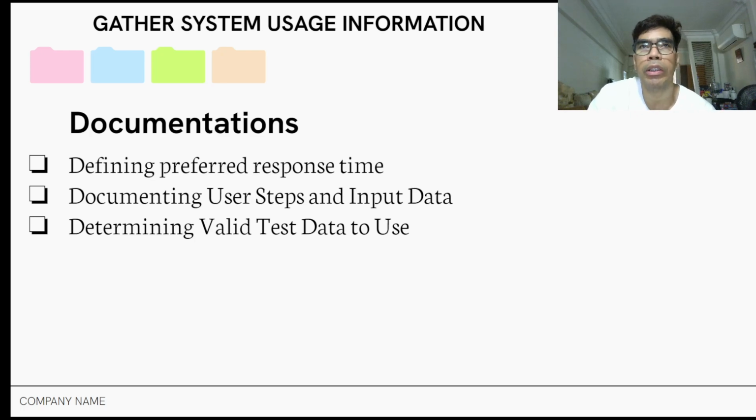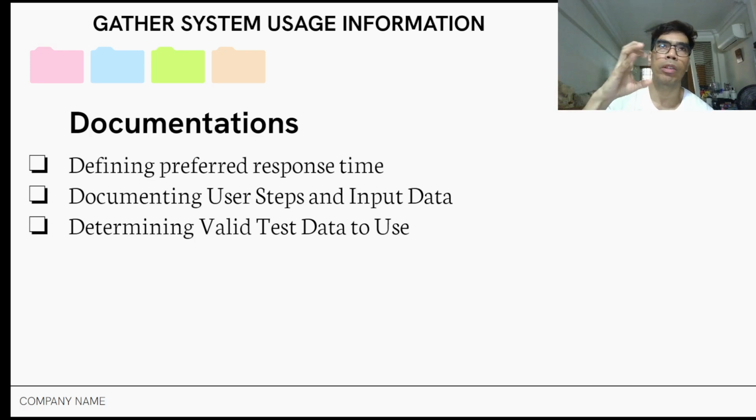To load test, we need documentation for the transaction steps. The input data: what should be the input, what values should we key in for our load testing. For example, in login, there should be different usernames and different passwords for our load testing.